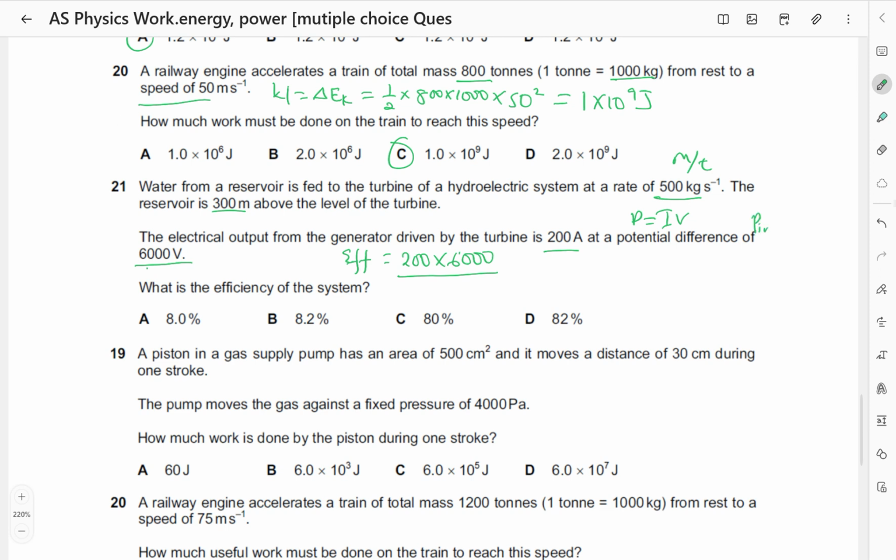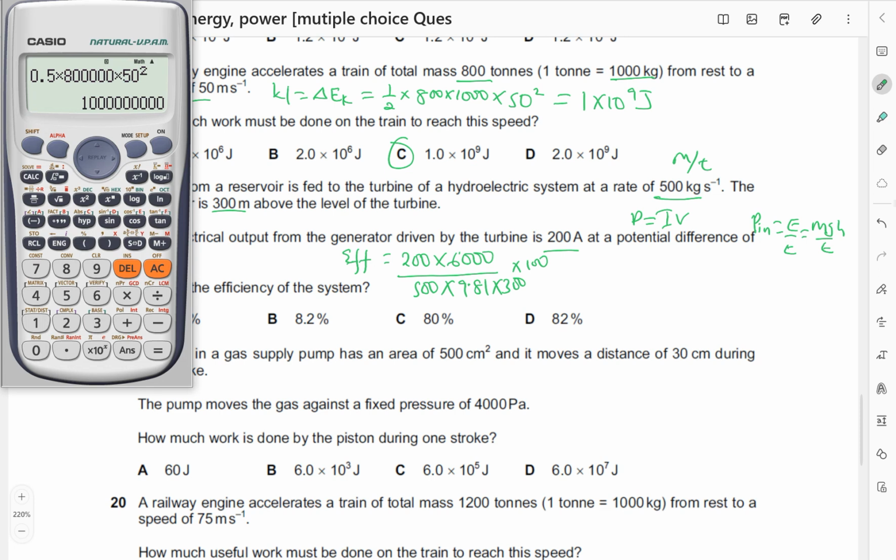I'll say power input is equal to energy over time, which will be mgh over t, and I have m over t. So this is going to be 500 times g, which is 9.81, times h, which is 300. I'll multiply by 100 to change it to percentage.